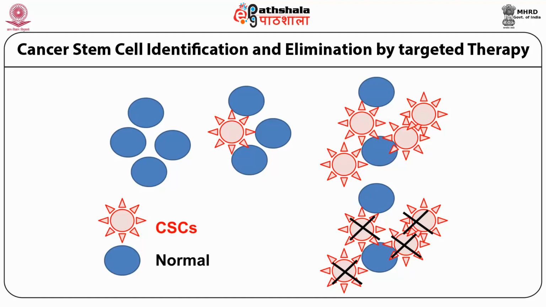The journey from a normal to a cancer is through uncontrolled proliferation of the cancer stem cell. And selective elimination of the cancer stem cell will have promising avenues for the chemotherapy.